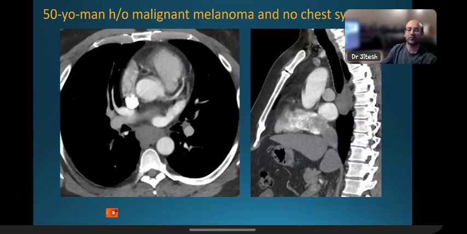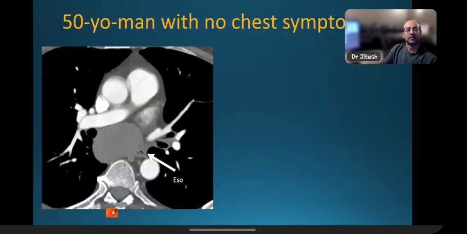This is a case of an esophageal leiomyoma, which is a benign tumor. It could be malignant when it differentiates into sarcomas, but when it does not, it's well defined. It's a benign entity. It usually arises in the wall of the esophagus. A patient may be asymptomatic; when it is large, compressing the esophageal lumen, they may have symptoms.